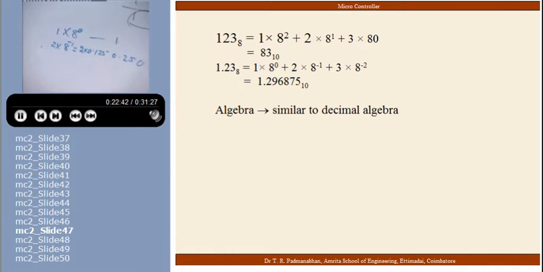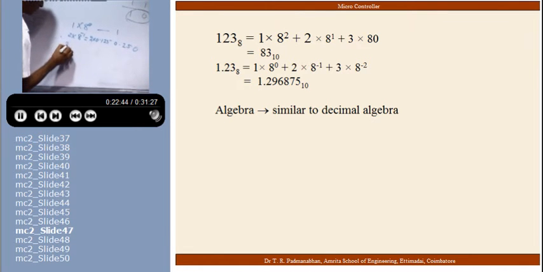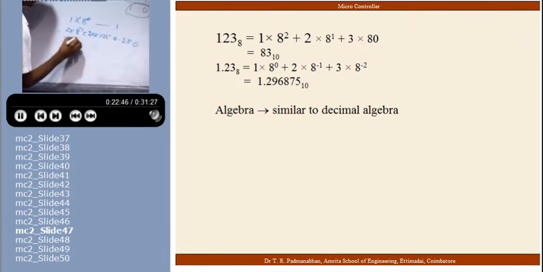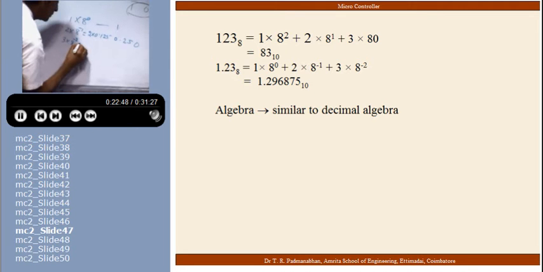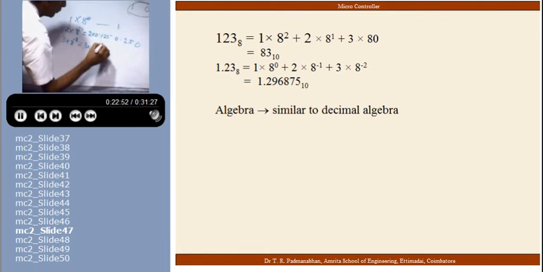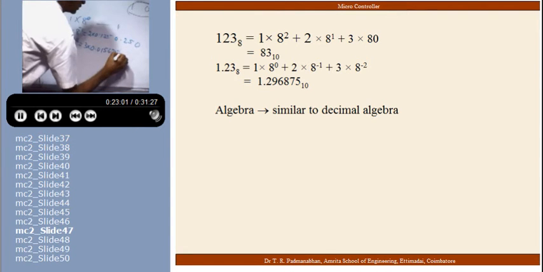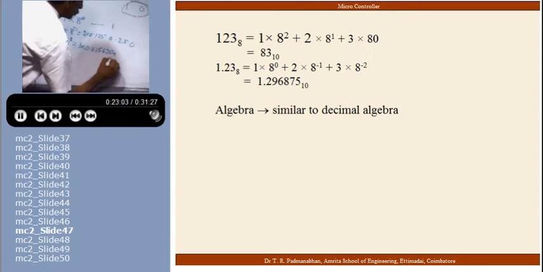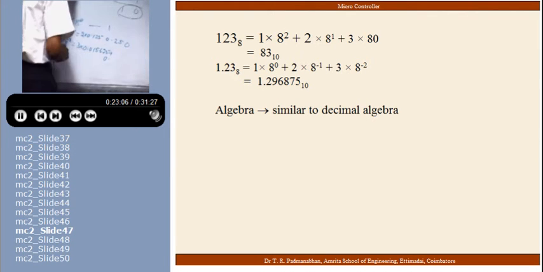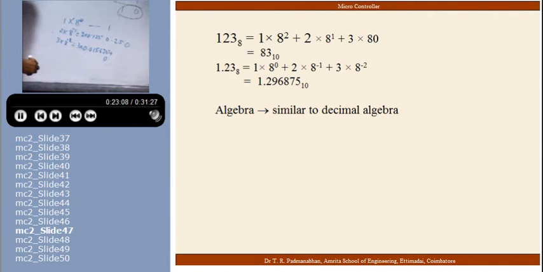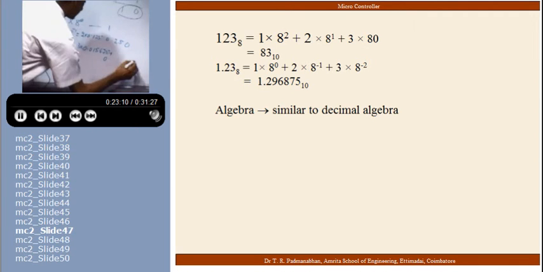Then 3 into 8 raised to minus 2, that will take more time for me. 8 raised to minus 2 is equal to 0.015625, multiplied by 3.